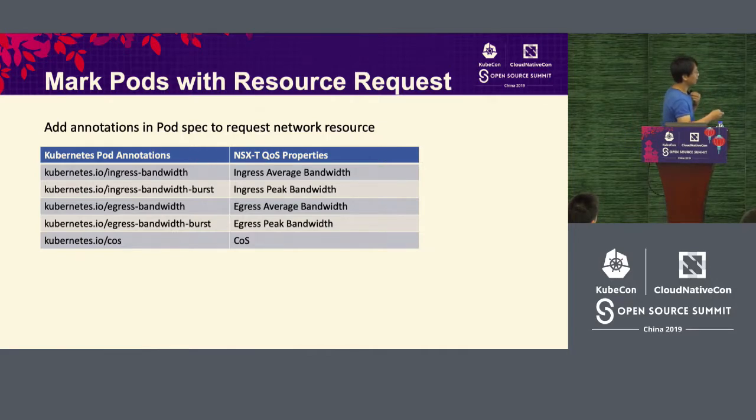And here we had listed the ingress bandwidth and ingress bandwidth burst, as well as the egress bandwidth and the egress bandwidth burst. And class is about priority. When there is a traffic jam in the network, whose packets would be output first?